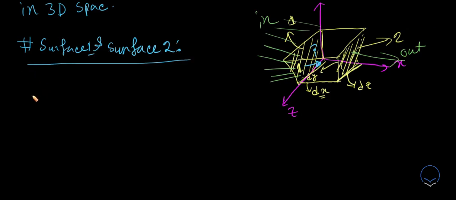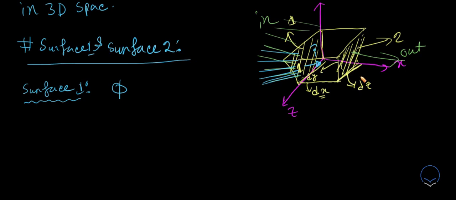So we are now considering surface 1, and we want to see the fluid flow. The flow per unit area per unit time is simply phi, right? But phi is a multivalued function, and when the fluid is going through surface 1, it's pointing along the x component.